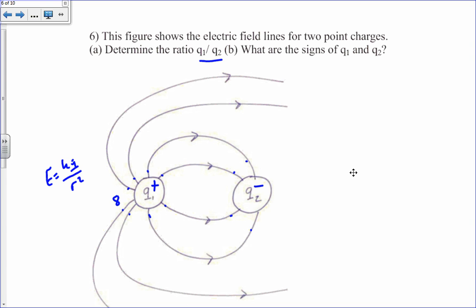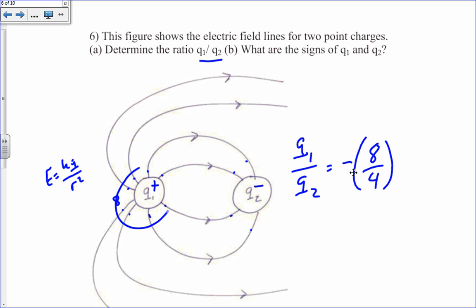So my ratio of charges Q1 over Q2 is going to be negative 8 divided by 4. 8 field lines over here, 4 over here. So that means that Q1 is twice as big as Q2, and the two are opposites. Q1 over Q2 equals negative 2.